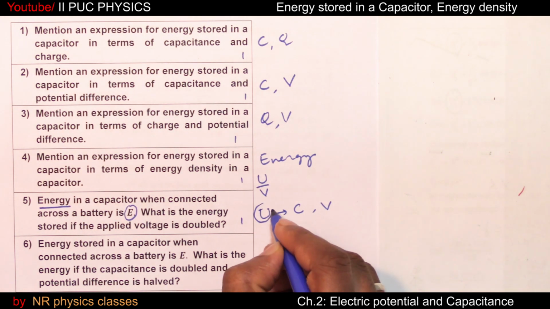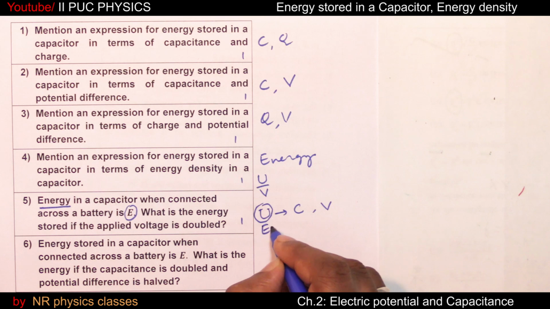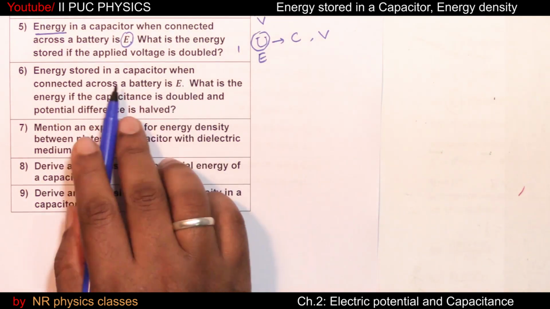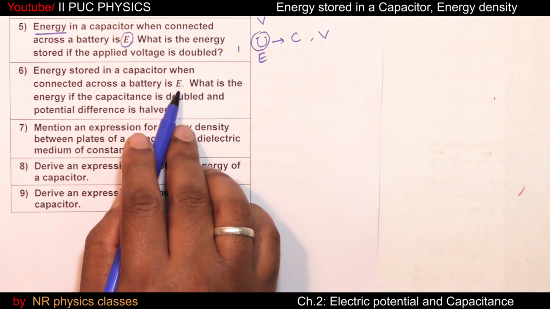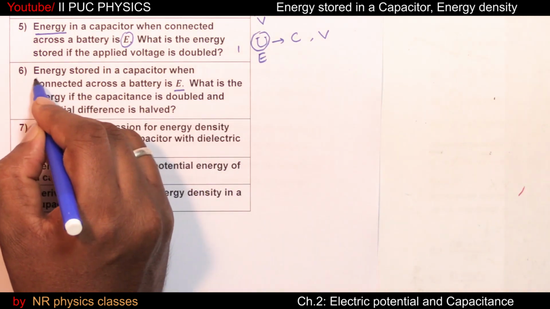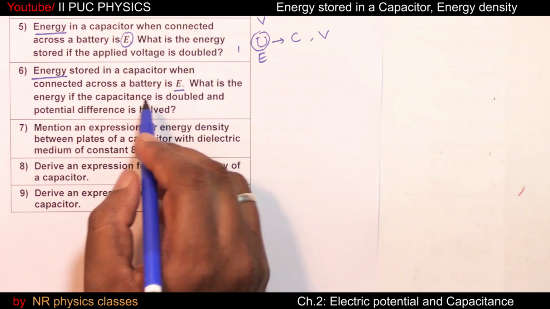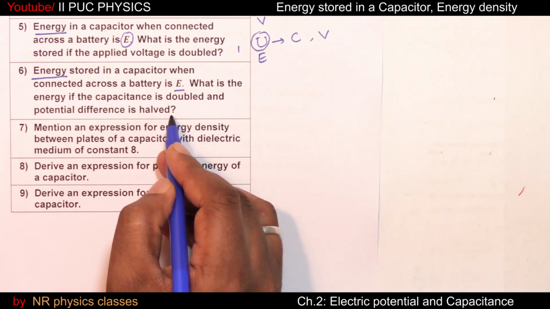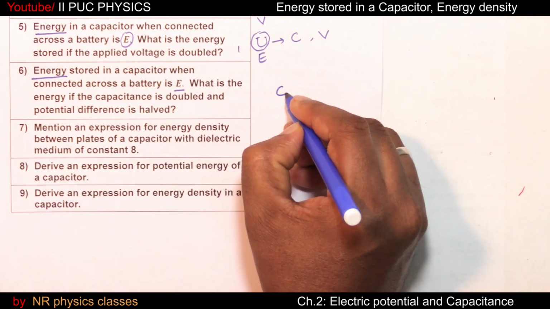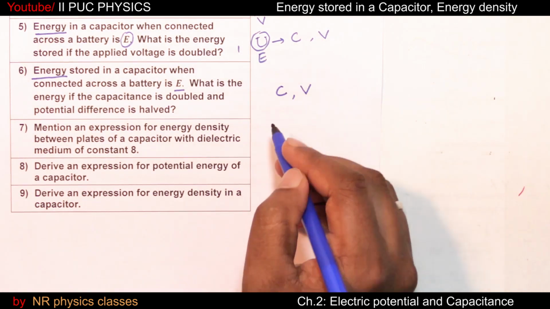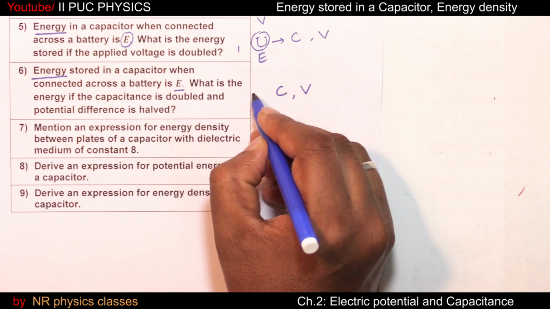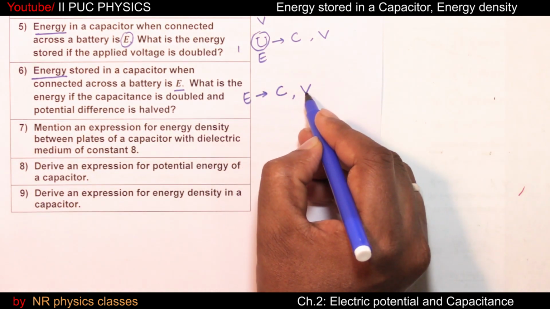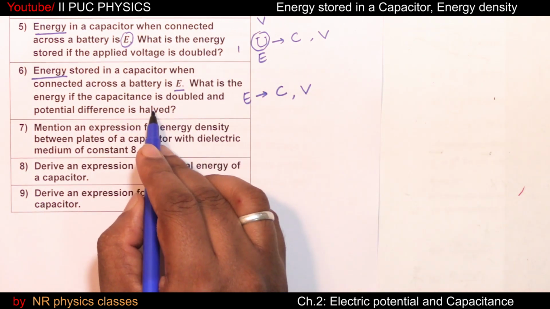So instead of U they have mentioned E. E stands for energy. What is the energy if capacitance is doubled and potential difference is halved? Find the expression for energy E in terms of C and V and apply these two conditions.